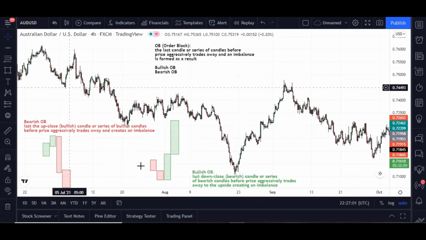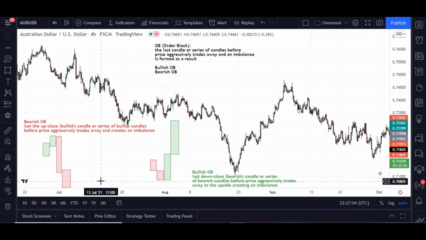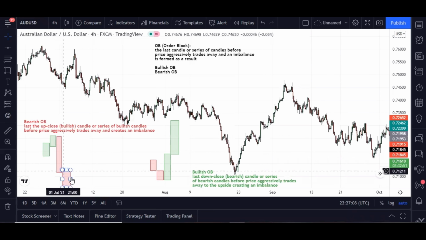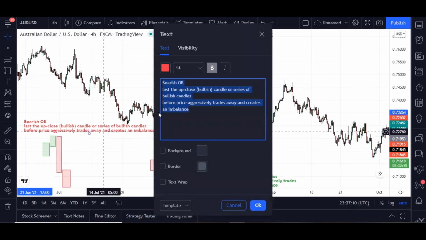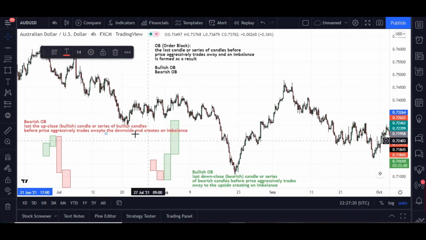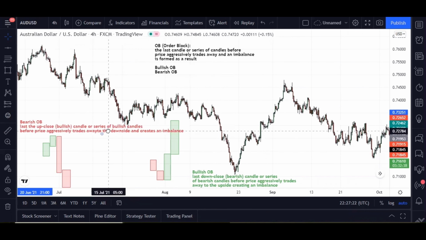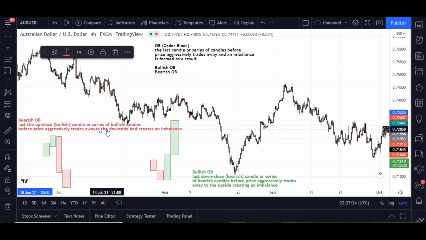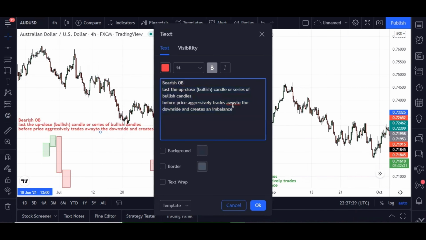So a bearish order block is the last up close or bullish candle or series of bullish candles before price aggressively trades away to the downside and creates an imbalance.